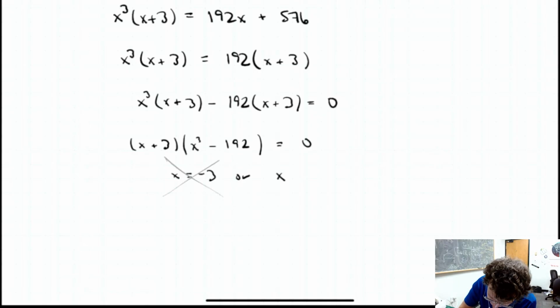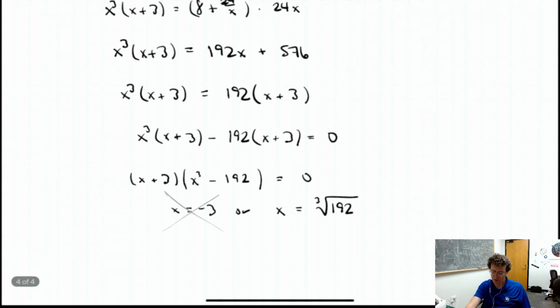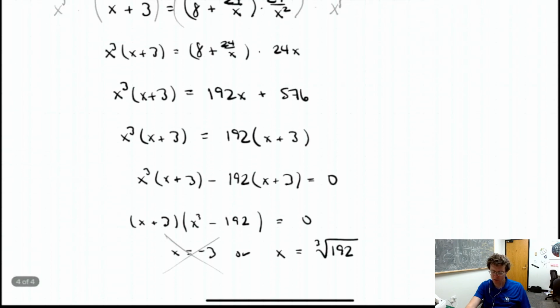Or the other solution is x cubed is 192, so x is the cube root of 192. So that should be our critical number.